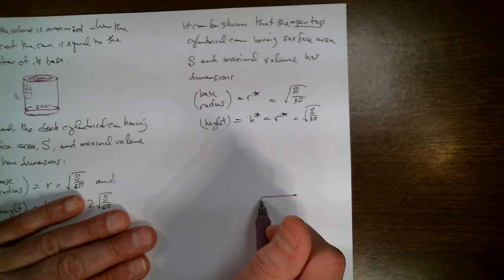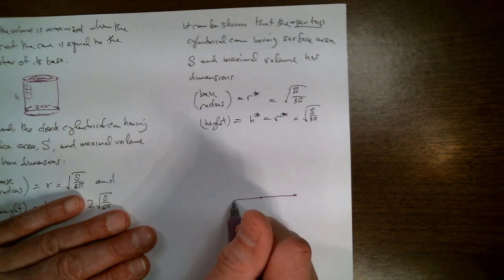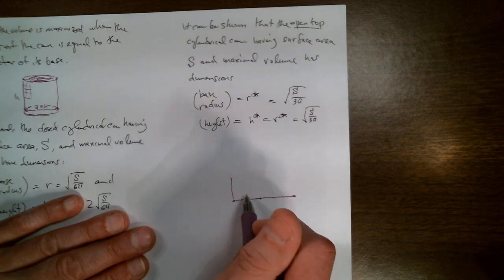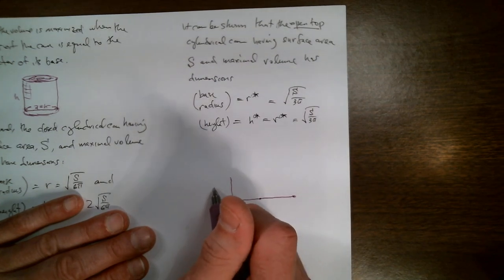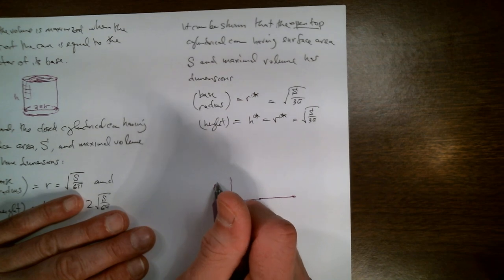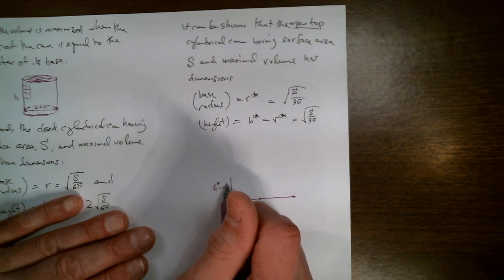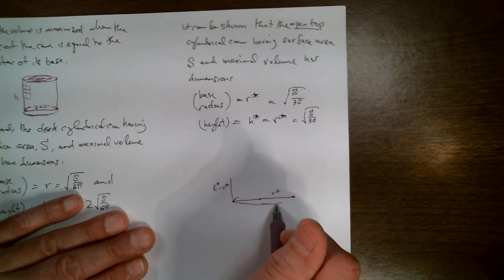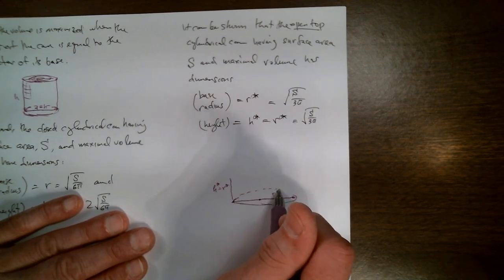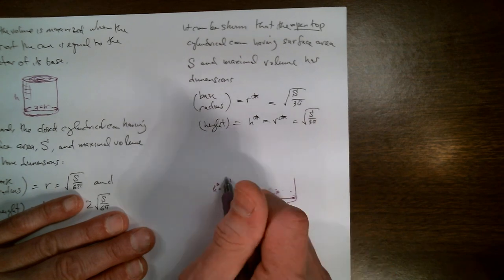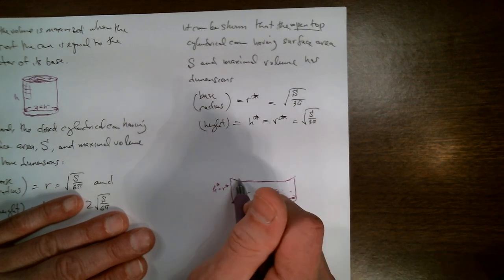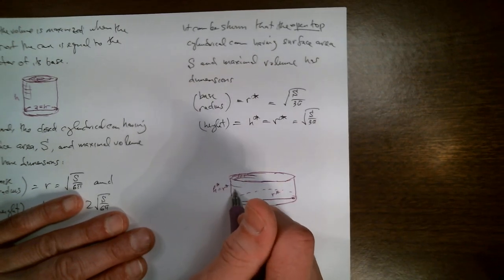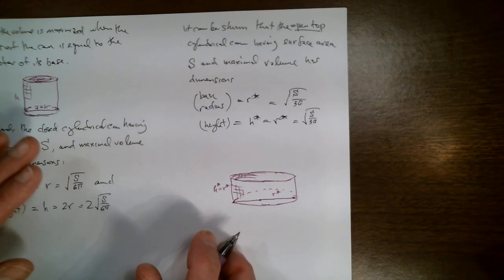Let's say this is our r, and here's the other r. And the height of the can is equal to the base radius, so h star is equal to r star. And so here's our can, the dimensions for the open top can of maximal volume. It looks something like that.